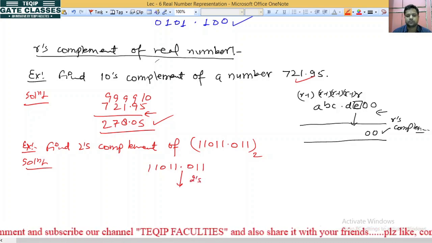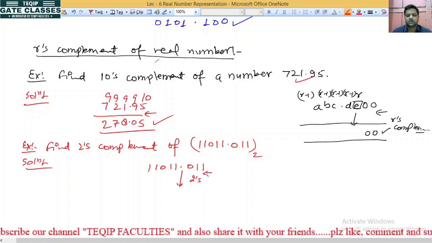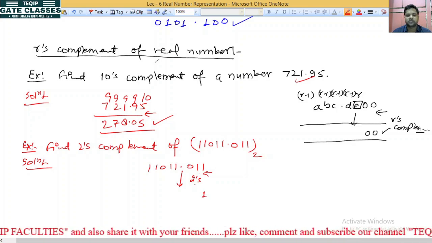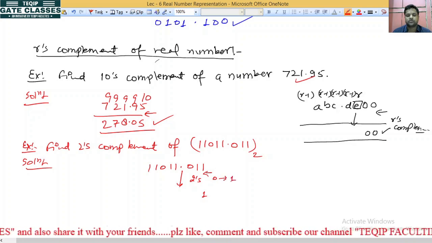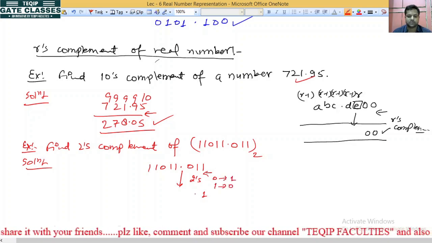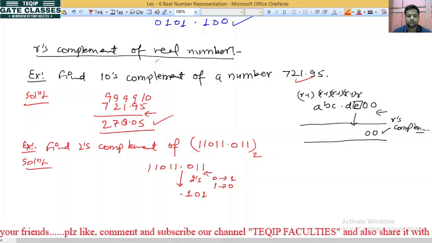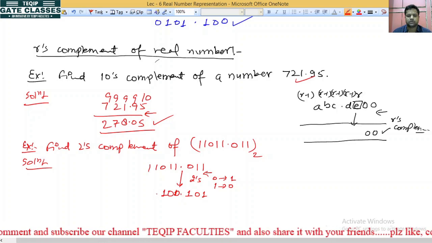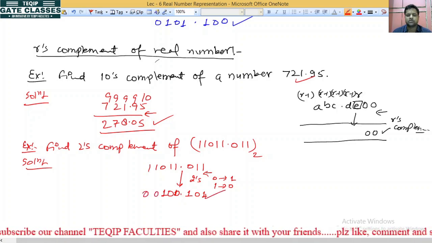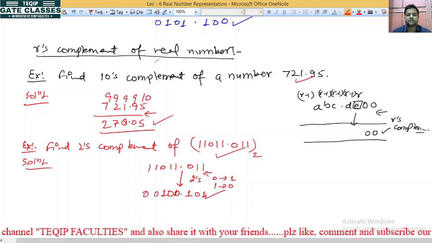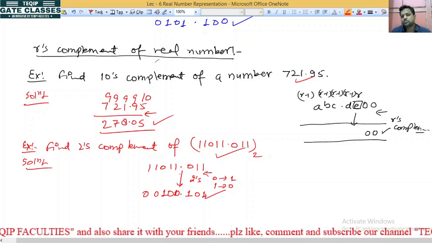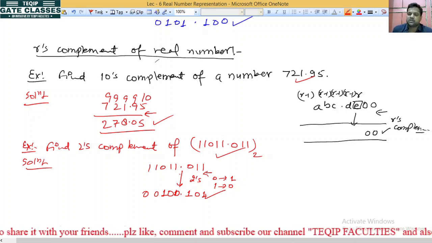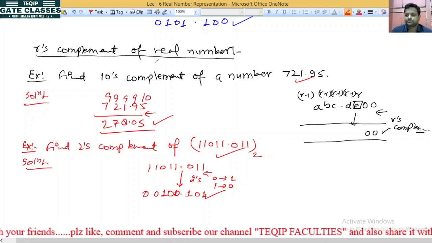So for two's complement, the last 1 bit we copy as it is and the remaining bits, 0 into 1 and 1 into 0, we change. It will be 0.00010. This will be the two's complement of this number. This way you can calculate r's and r minus 1's complement of a real number.